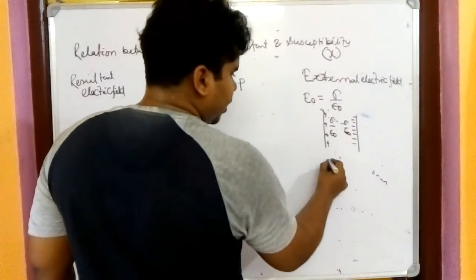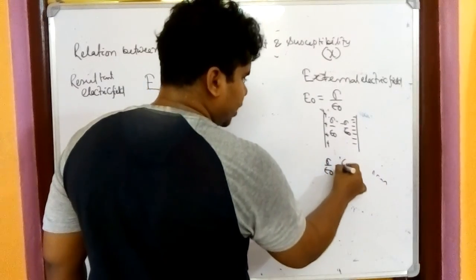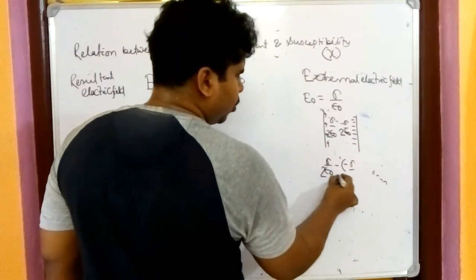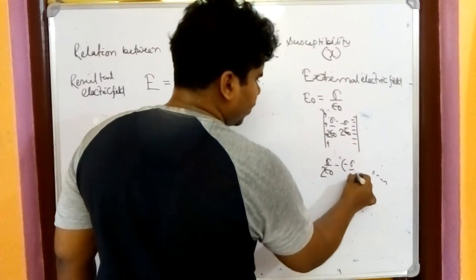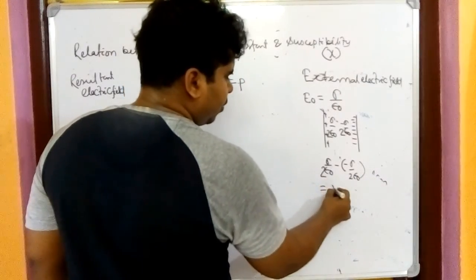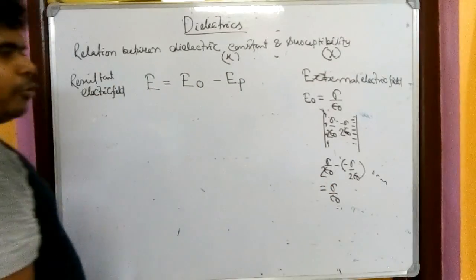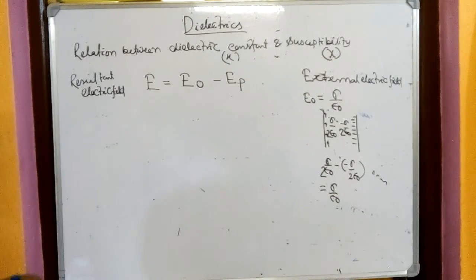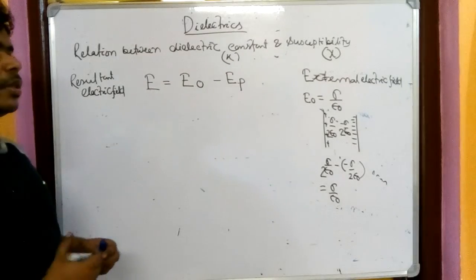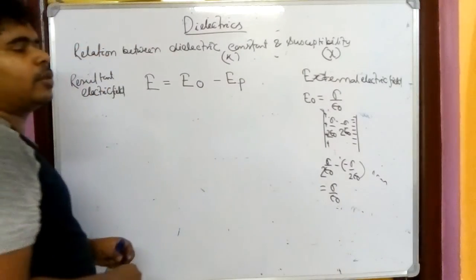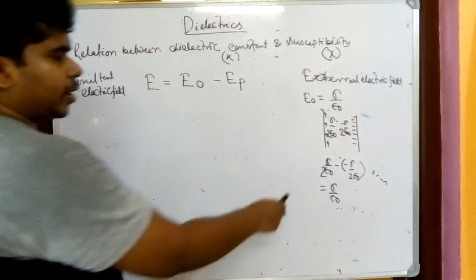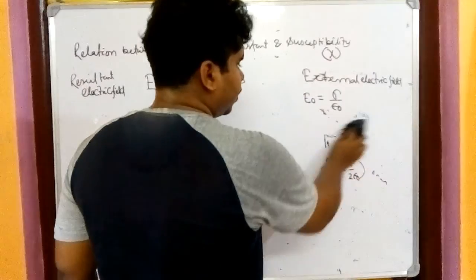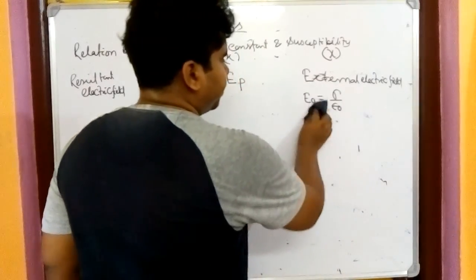So the resultant is sigma by 2 epsilon naught plus sigma by 2 epsilon naught, so it will come sigma by epsilon naught. If you have forgotten it, go to chapter 1 where we found the capacitance of a parallel plate capacitor. There we found the electric field of a parallel plate capacitor, and it is sigma by epsilon naught. Just see the video again, then you can understand.